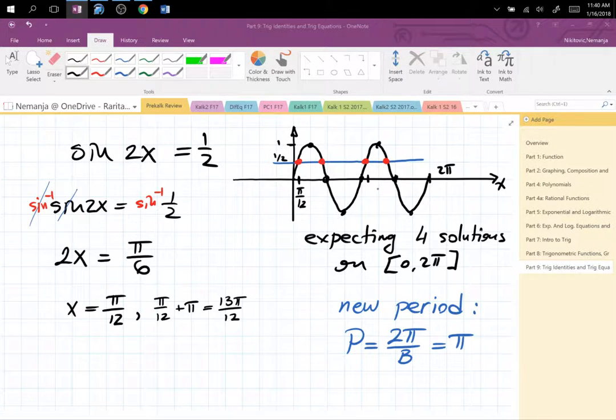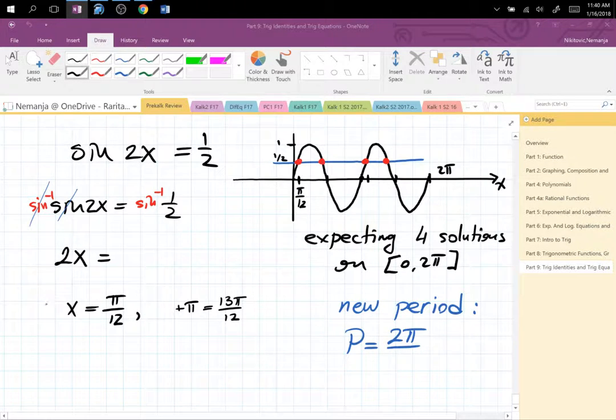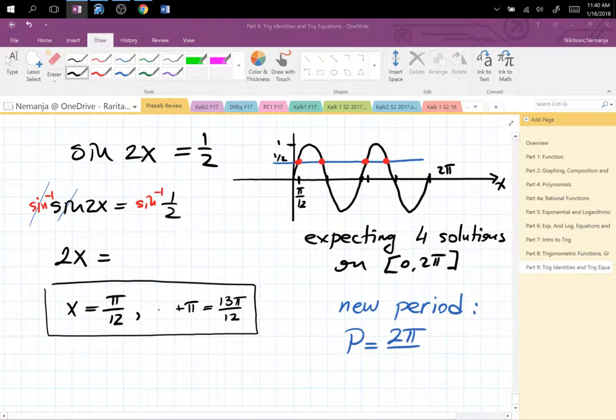Now what am I going to do for the other two? So these are the first two solutions.